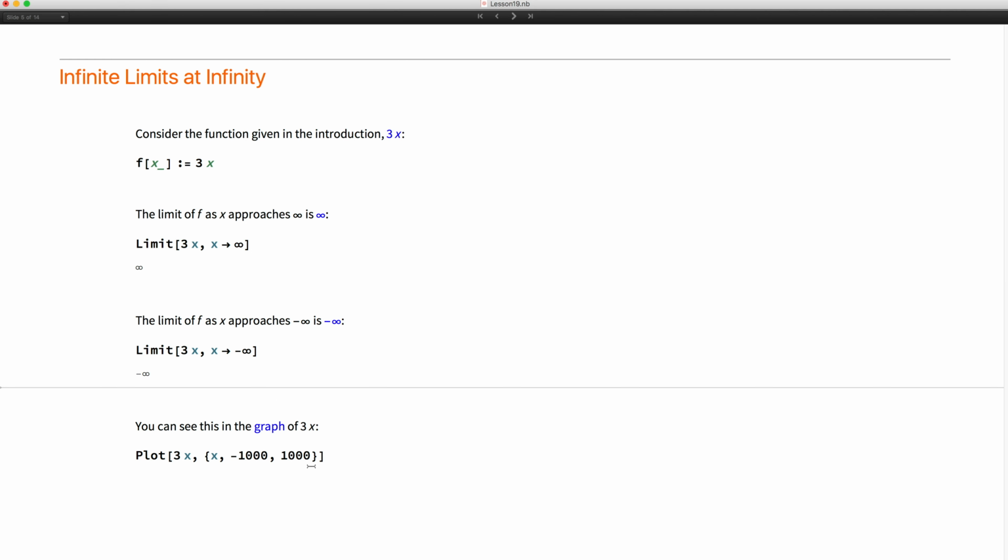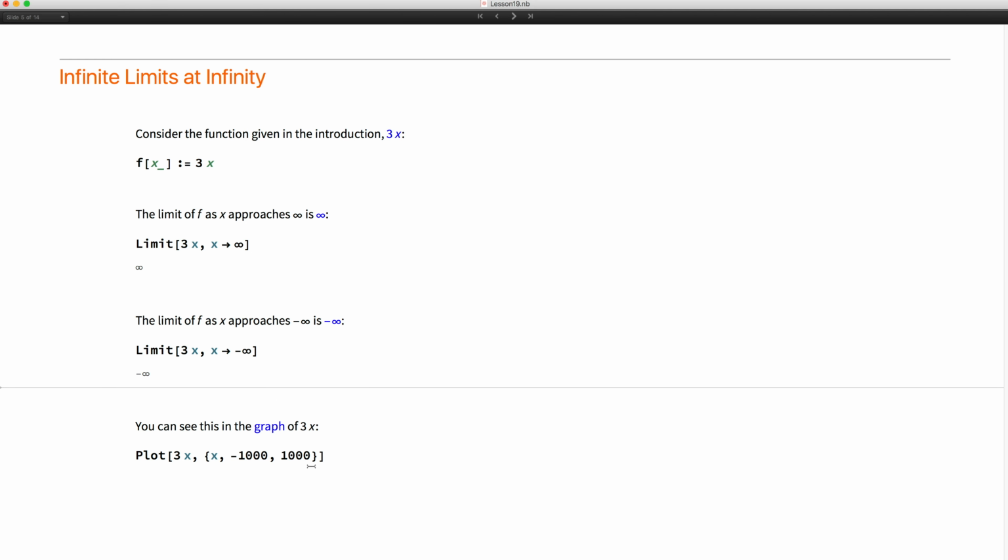You have x cubed minus x, and as x approaches infinity, you get infinity minus infinity, but that's not 0, so you get back a false here. But if you think of it as being infinity times infinity, then the answer really is infinity. Or better still, you could think of x cubed as very large compared to x, so the answer is infinity.